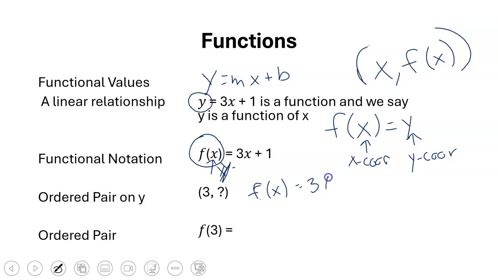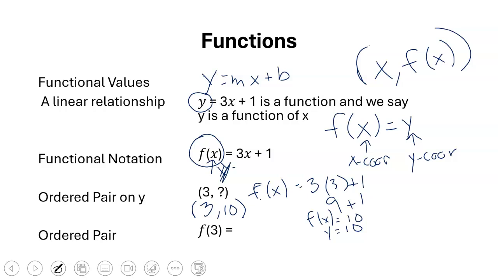Use the equation: 3 times 3 plus 1. 3 times 3 is 9, plus 1 is 10. But f of x is actually your y, right? It could be interchanged. It means the same thing. So for my ordered pair, when 3 is x, what's my y? 10. So that's the ordered pair.